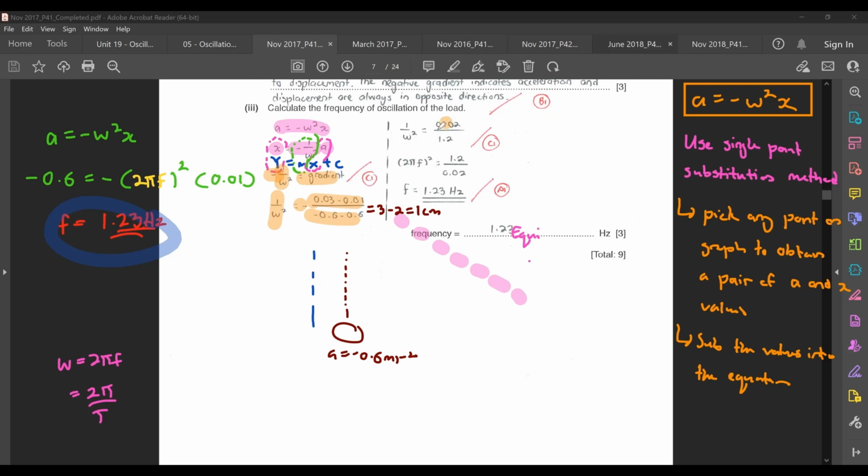You find your gradient, equate it to negative 1 over omega squared, and then subsequently substitute out omega as 2 pi f. You will eventually get back this answer. So this is another way, from finding the gradient, provided you know how to change to the correct relation. It's up to you to pick which one is more comfortable. Either way is accepted. All right.